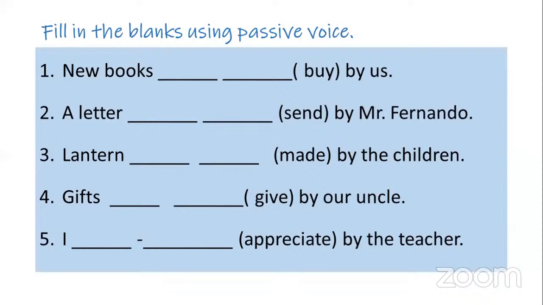You have to look at the verb and whether it is a past tense or a present tense sentence. Then, according to that, you have to use the verb am, is, are, was, were. I'll give one minute to answer these questions.